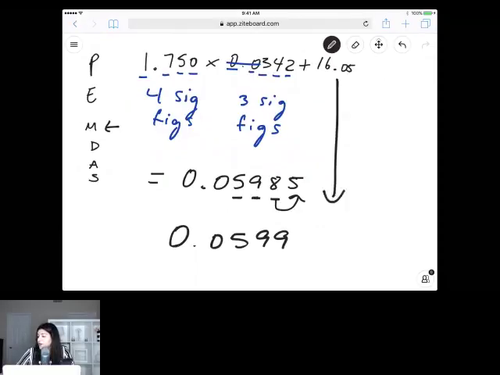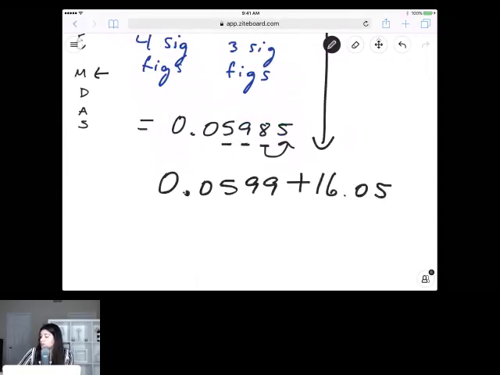So I'm going to bring down that adding 16.05. And now, as we add, we look at the least amount of decimal places. So looking at our least amount of decimal places, for this first one, we have 4 decimal places. Rather, for 16.05, we only have 2.